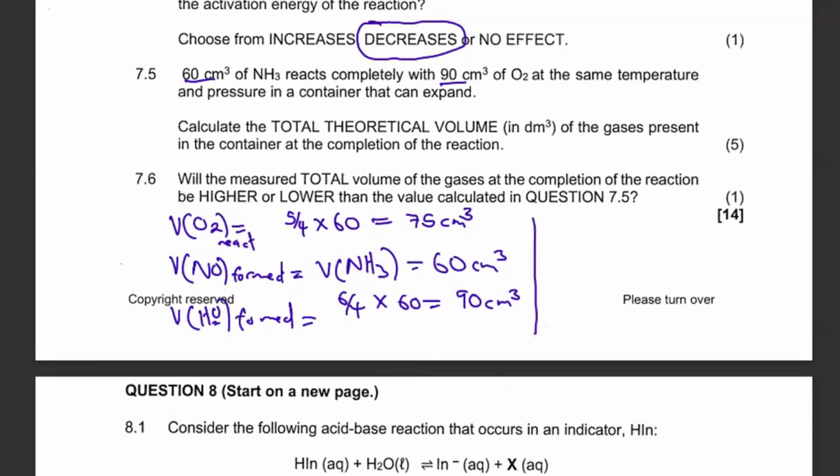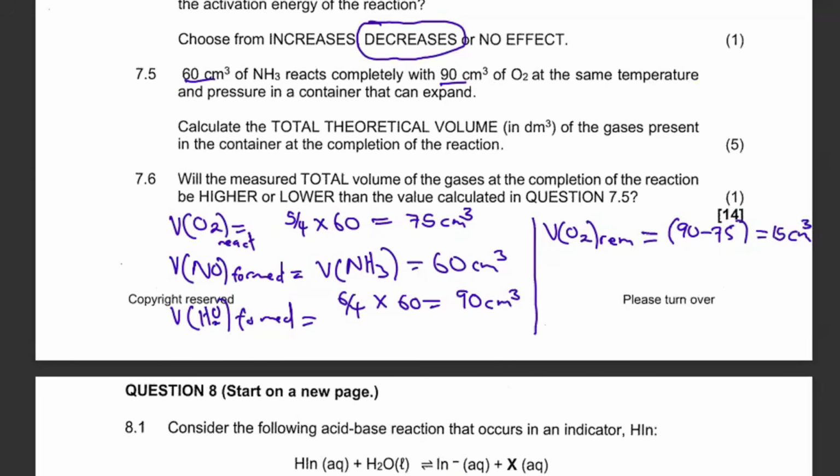The volume of O2 that is remaining is going to be equivalent to 90 minus 75. If you subtract that, we're going to get 15 cubic centimeters.